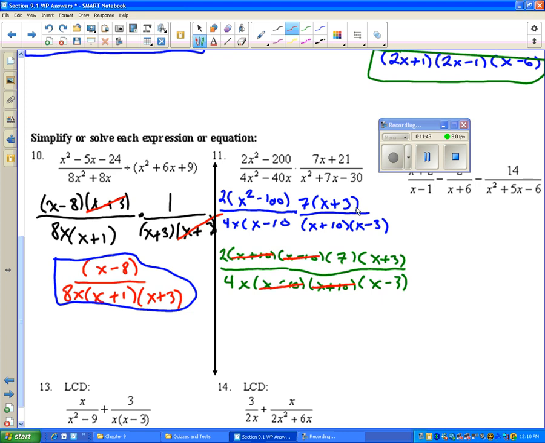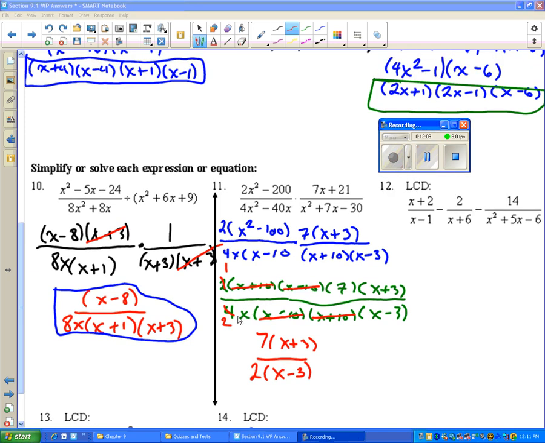Now this is an x plus 3, and this, now I'm going to double check, is an x minus 3, so these don't cancel. This 2 and 4 will reduce, so I'm going to get 7 times x plus 3 over 2 times x minus 3.